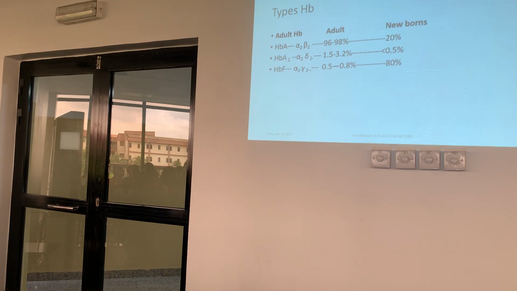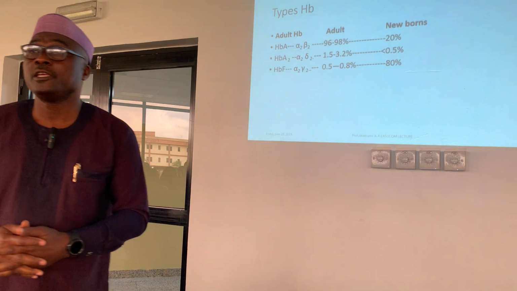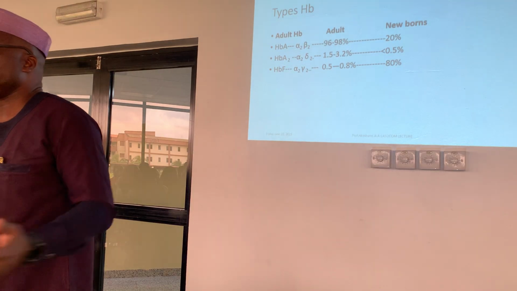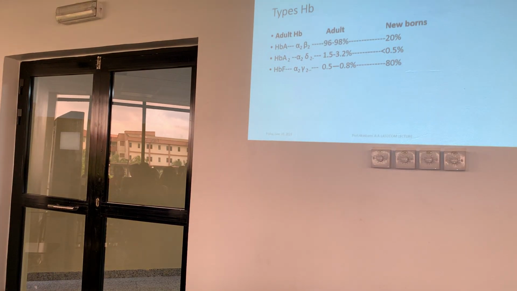It will quantitate the C if you have C gene. So if the machine is saying your hemoglobin A is 15%, 10%, and your hemoglobin S is 80%, what is the genotype? AS will be 50-50 really, but most likely you won't get that result.